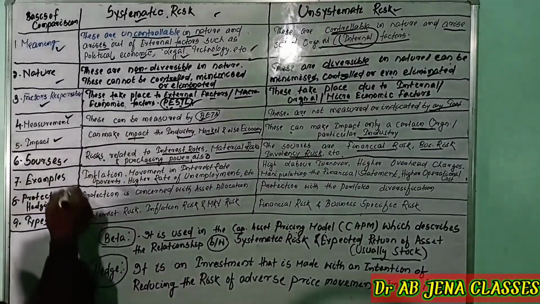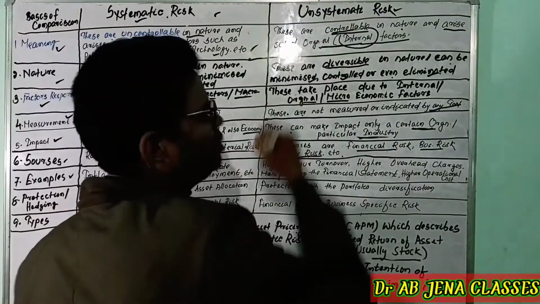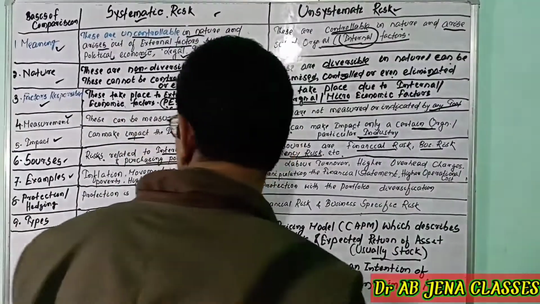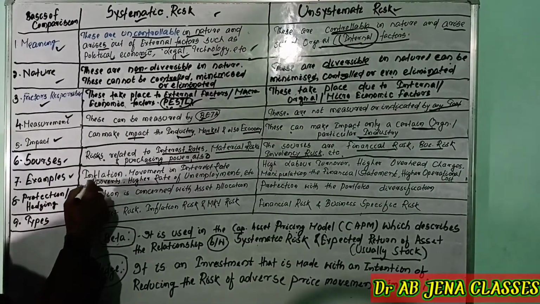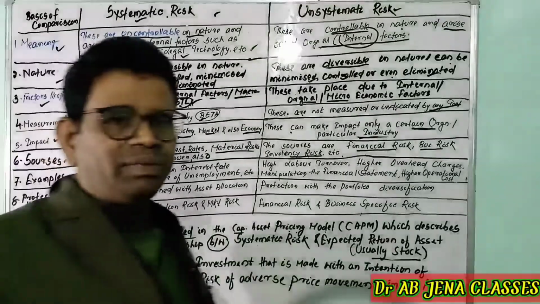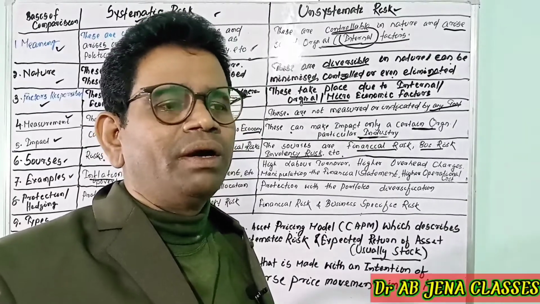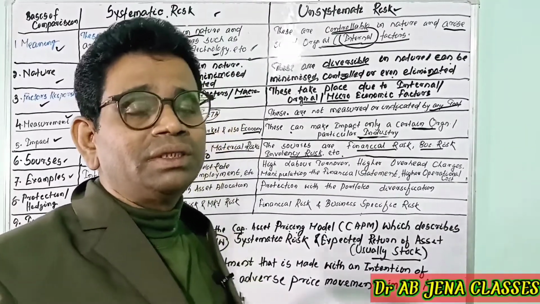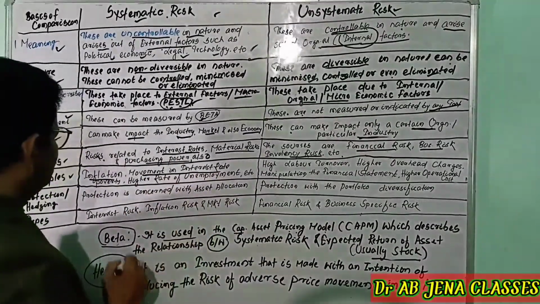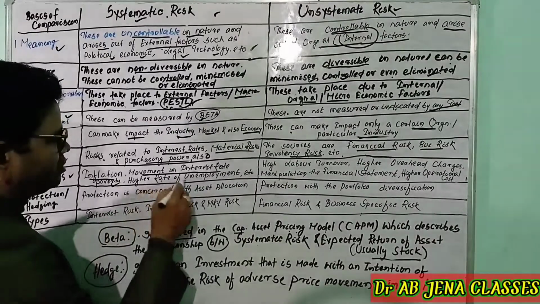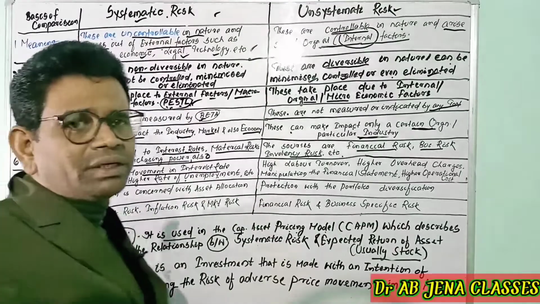Next, what are the examples of systematic risks as well as the examples of unsystematic risks? First we will discuss the systematic risks. The examples of systematic risks are inflation, which is a general tendency of rising prices of day to day essential commodities, movement in interest rate, poverty also, a higher rate of unemployment, etc. So these are the examples of systematic risks.